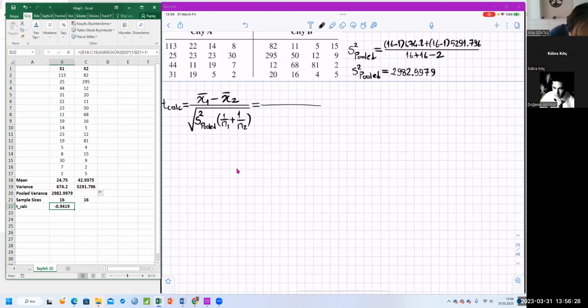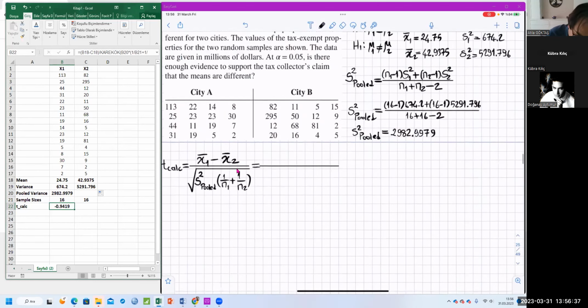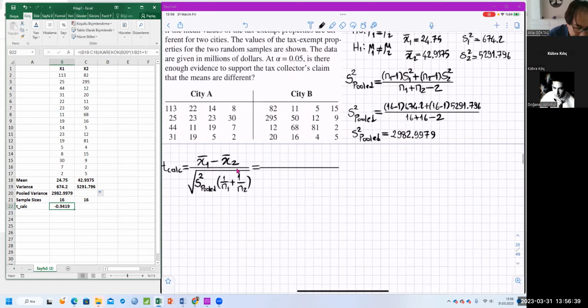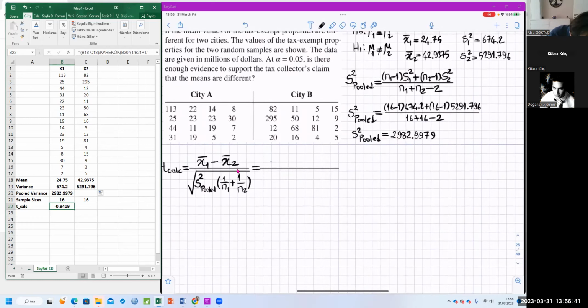All right. X1 bar is 24.75 minus the next one, 42 million, 42.9375 million.